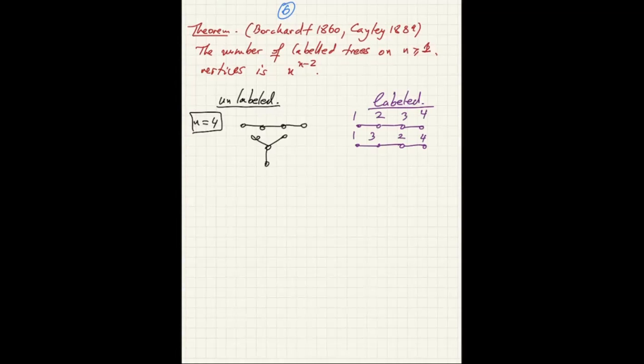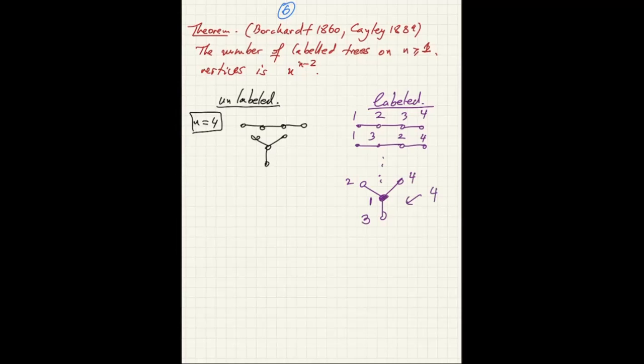So the edge set of the one on the top is 1, 2, 2, 3, 3, 4. The other one is 1, 3, 2, 3, and 2, 4. Okay, and so you can play around like this to figure out how many are of this form. The stars are easy to figure out because there are going to be 4, because it just depends on what vertex you put in the center of the star.